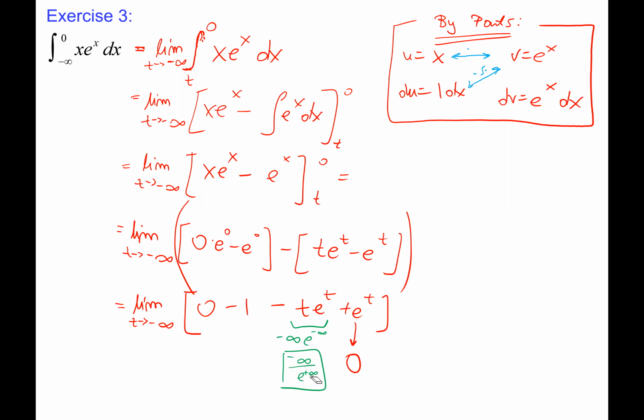That means I see a beautiful indeterminate form for that limit. I think I have to use the L'Hopital rule. Let's put it on the side, because I can't just say this limit is infinity or 0. I don't know. So I will put it this way. t goes to negative infinity, and I have my limit t e to the t. I will rewrite this. That's what I did.